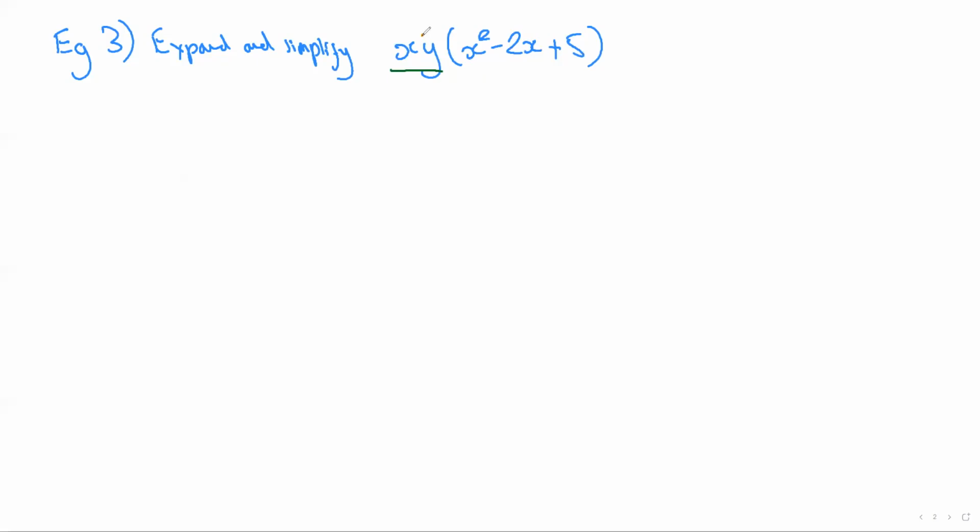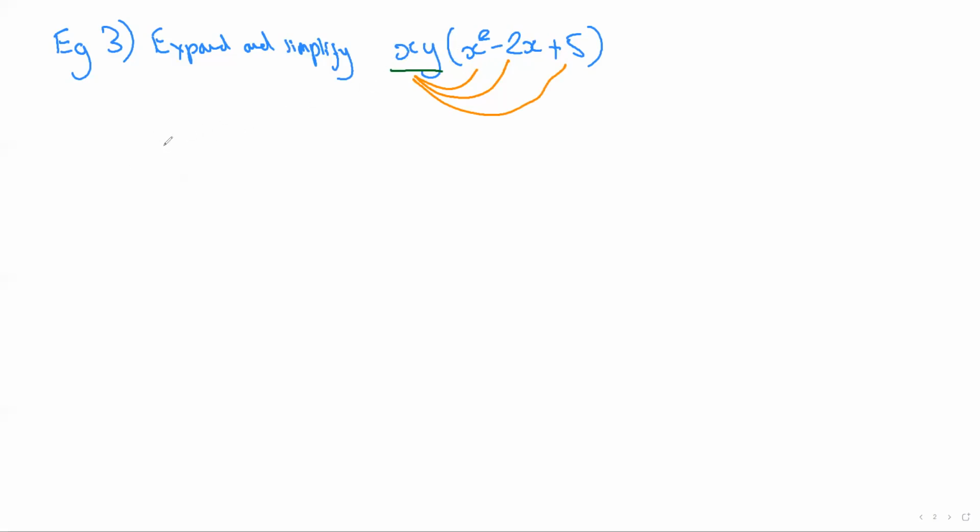We multiply each term by that first term at the front. It doesn't matter how many terms there are, we'll still be multiplying each of them by the term at the front. So let's do that.